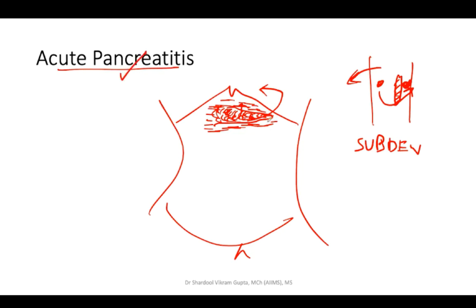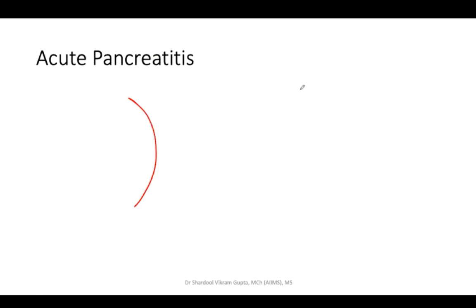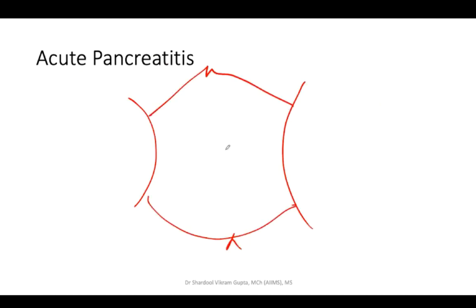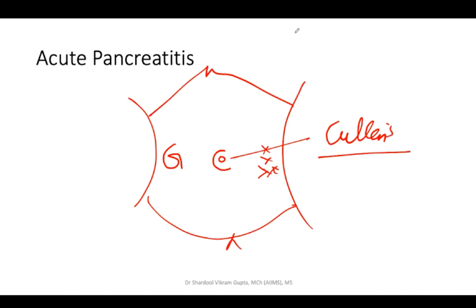Sometimes in acute hemorrhagic pancreatitis there is hemorrhage, and that gets released into the peritoneum and stains the area around the umbilicus or around the flank. One should remember, it is only seen in hemorrhagic pancreatitis or in retroperitoneal hemorrhage.